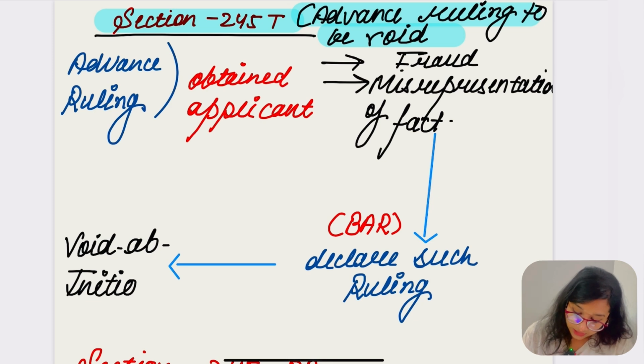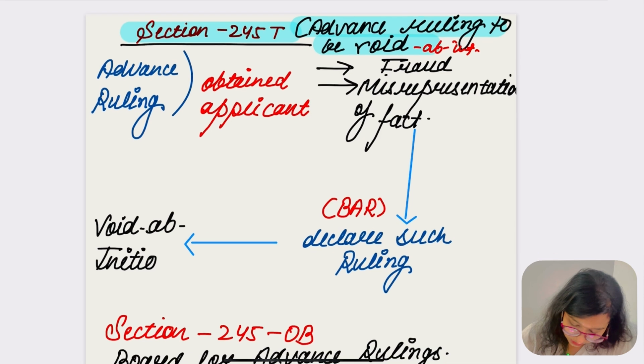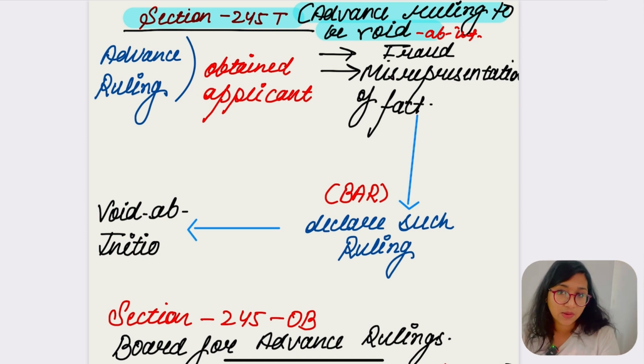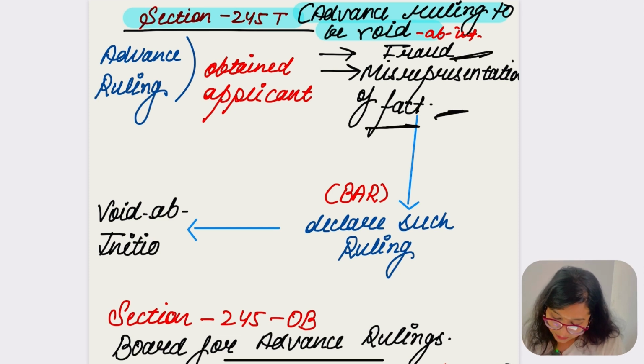Section 245T talks about advance ruling being void ab initio. If the advance ruling is obtained by the applicant either by way of fraud or misrepresentation of fact, in that case the AAR is going to declare it void ab initio.